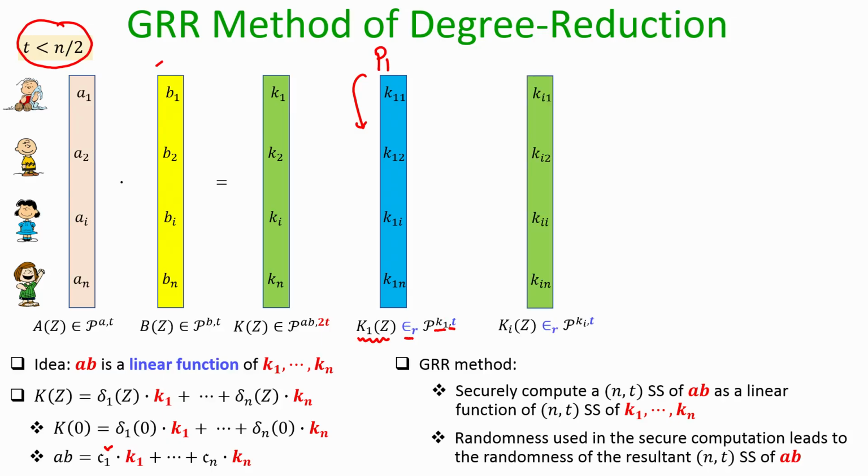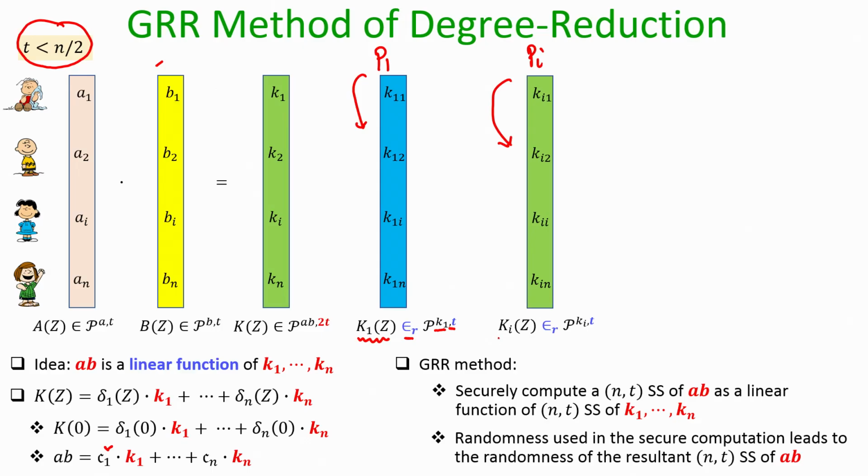Similarly, P2 will be asked to execute an instance of Shamir secret sharing and secret share k2. Pi will be asked to act as a dealer and run an instance of Shamir secret sharing to share ki.